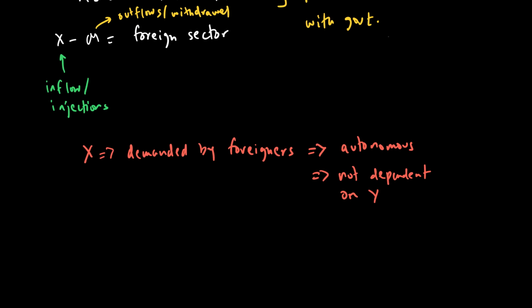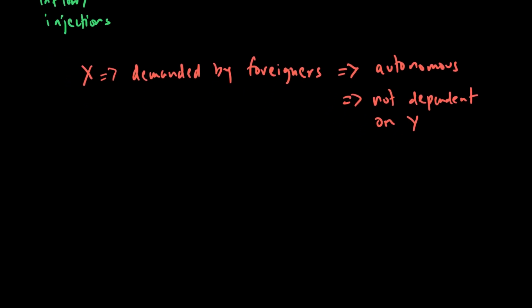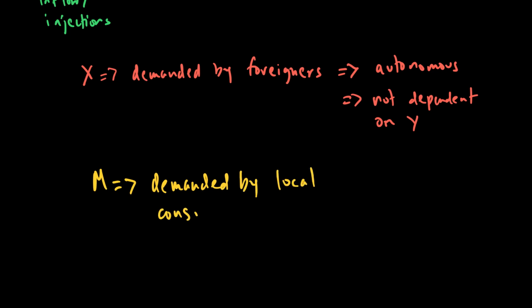On the other hand, imports are demanded by local consumers, and that is a function of Y, so not autonomous but induced. Why is that induced?